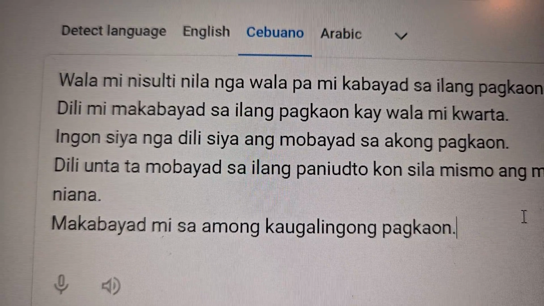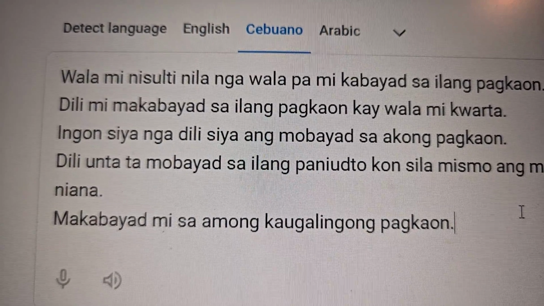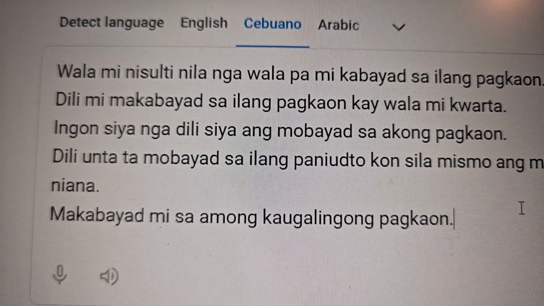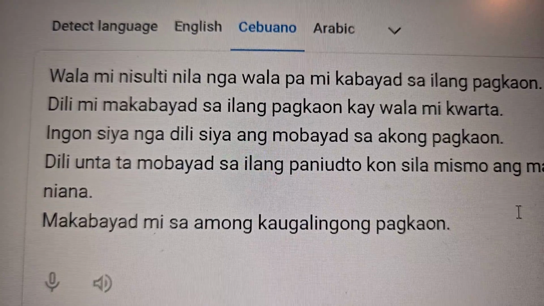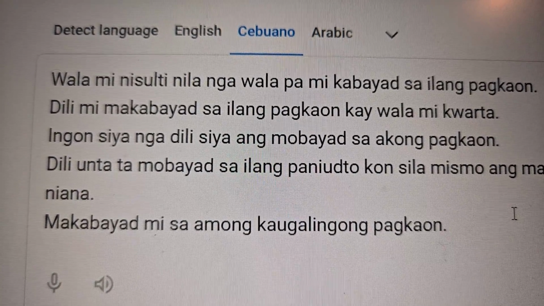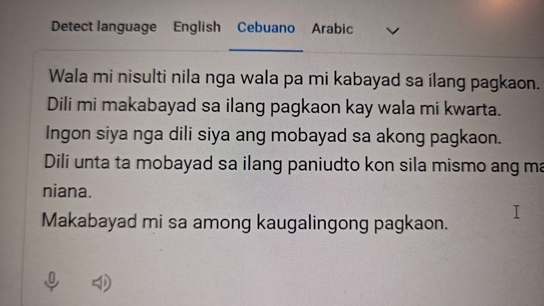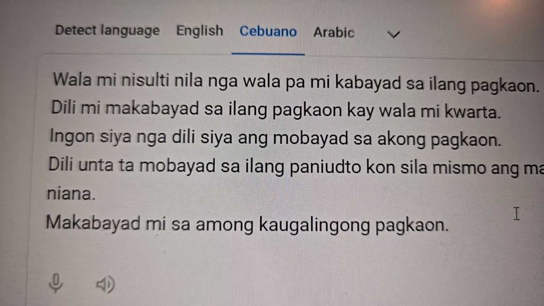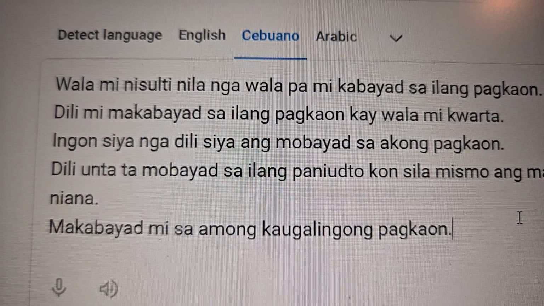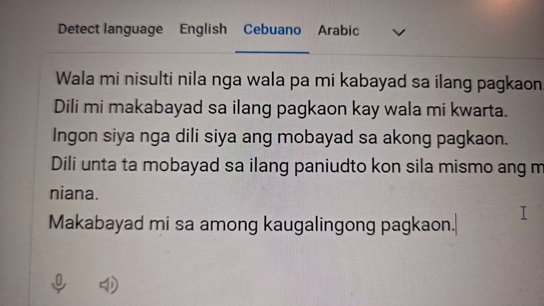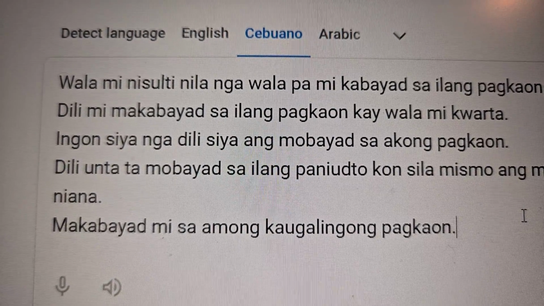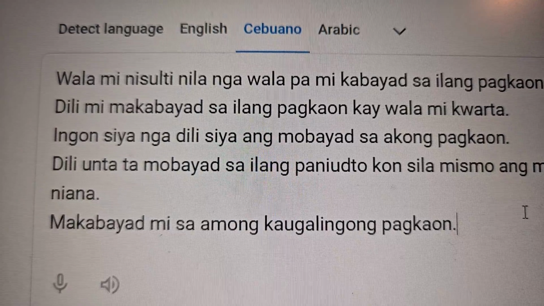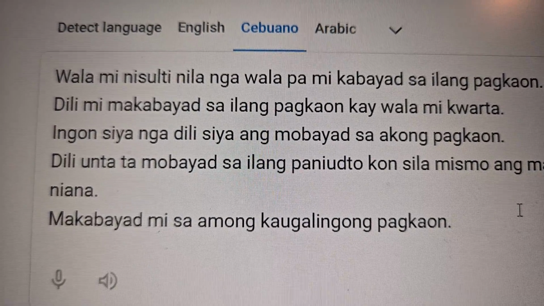Dili unta ta. We wouldn't, we shouldn't. Okay, dili unta ta mobayad. So here the mobayad is, at that time, reflecting: we wouldn't have paid, or we shouldn't have paid. Dili unta ta mobayad sa ilang paniudto, for their lunch.